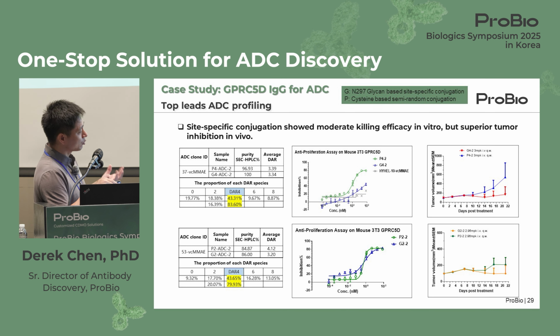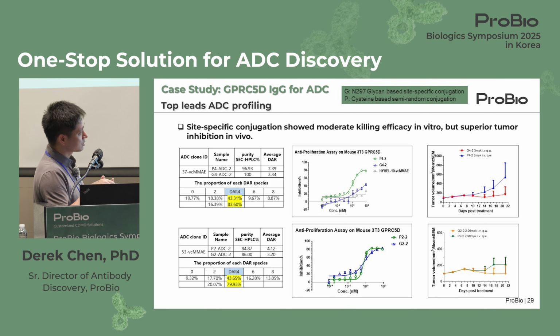So surprisingly, in the cell-based assays, the cysteine-based conjugation approach gives better killing efficacies compared to the glycan-based site-specific conjugations, as you see in this middle graph, the green curve versus the blue curve.